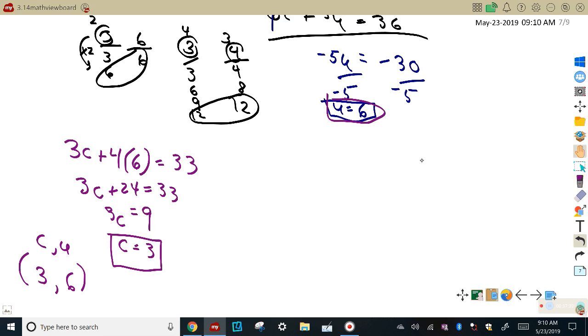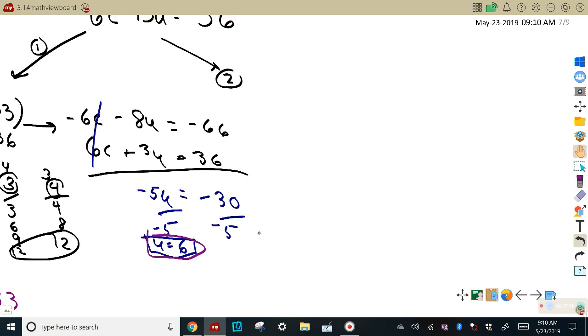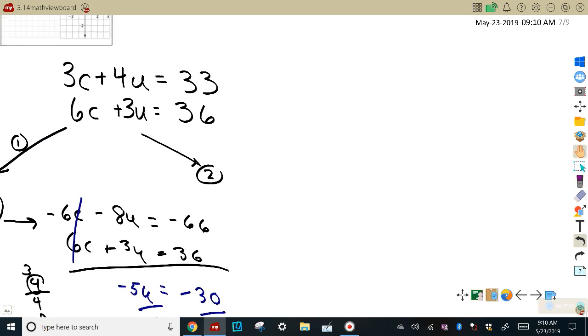All right, let me show you the tougher way, but we could have done it that way. I'll just do it straight over here on the right. If I wanted to get rid of the u's, what did we say their least common multiple was between 3 and 4? Do you guys remember?